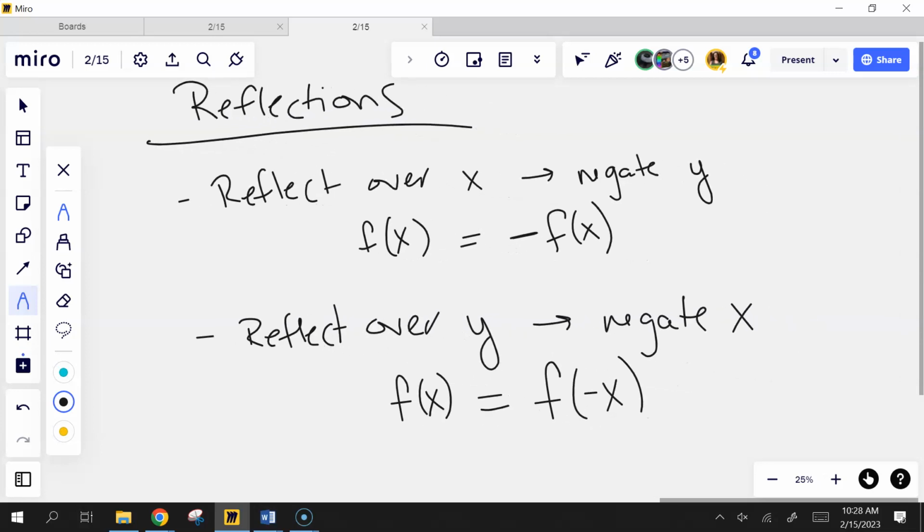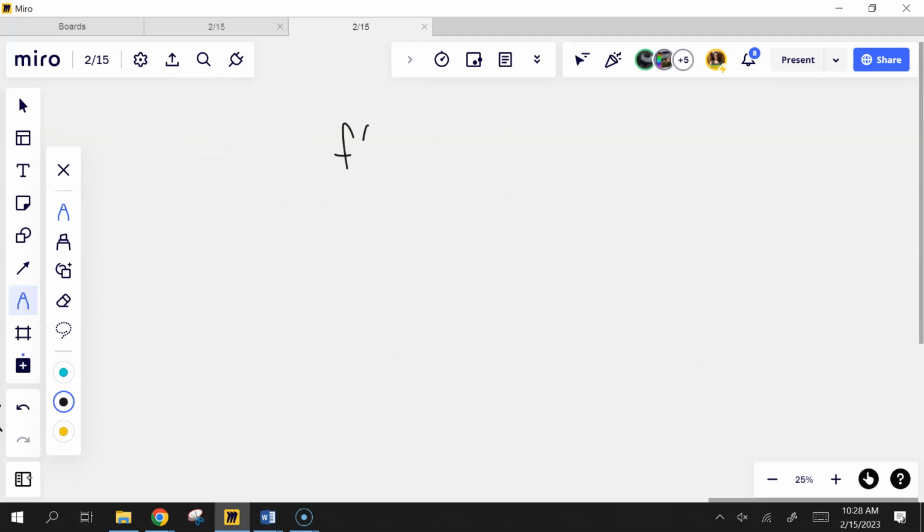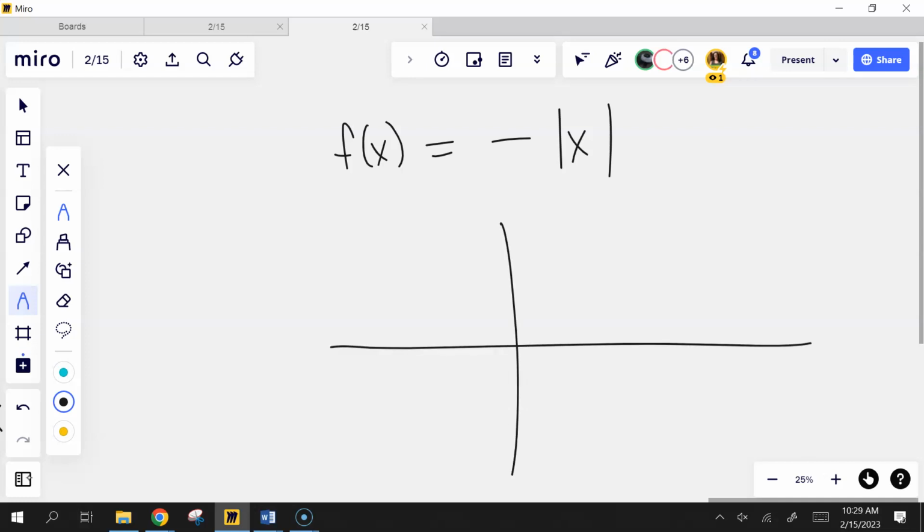If I gave you the equation, what does that look like? It's just reflected over the x-axis, right? So the parent graph, 0, 0, 1, 1, negative 1, 1, looks like this.